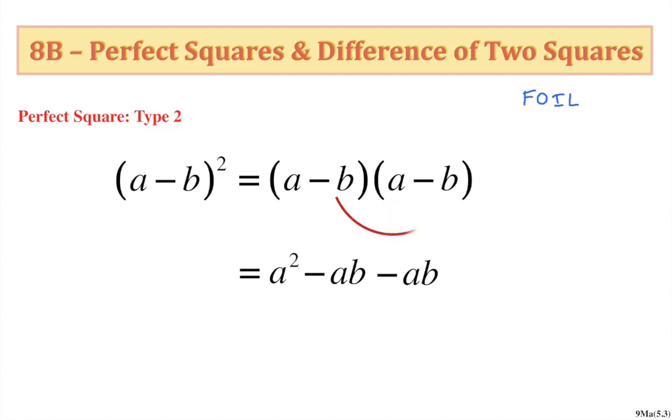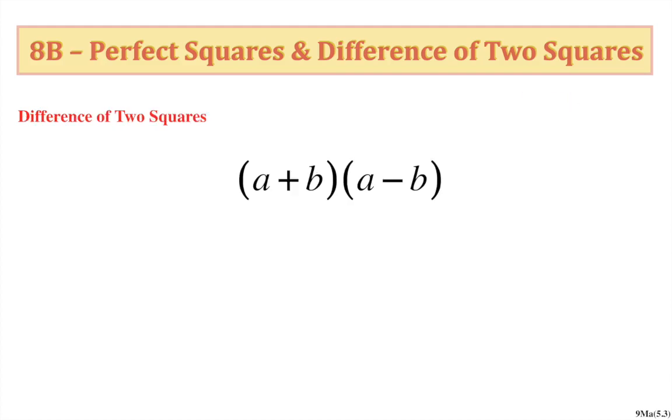And the last terms, a negative b times a negative b. Well, I know a minus times a minus gives a plus, and b times b is b squared. Now we also have like terms here. There's an ab, there's an ab, minus one of them, minus another one of them is minus 2ab. So we get a squared minus 2ab plus b squared, and that's our second formula, if you like.